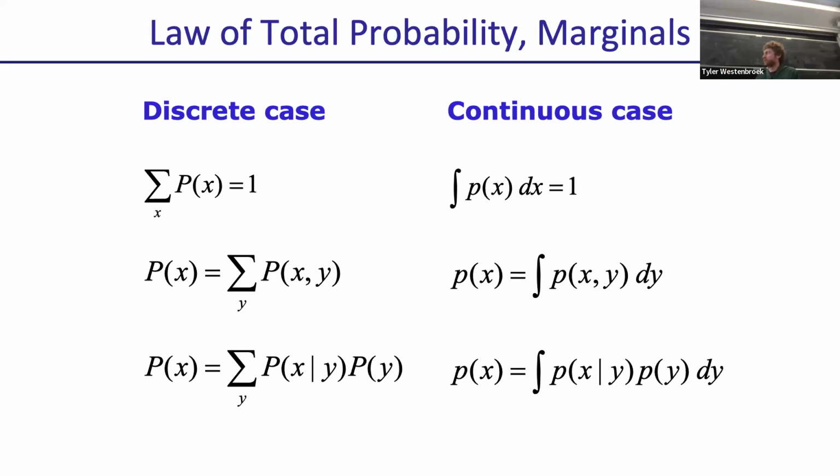Similarly, we can do this with conditioning. In the discrete case, I can add up p(y) times p(x | y), the probability of x happening given y, and I can sum up all the different ways that's going to happen.